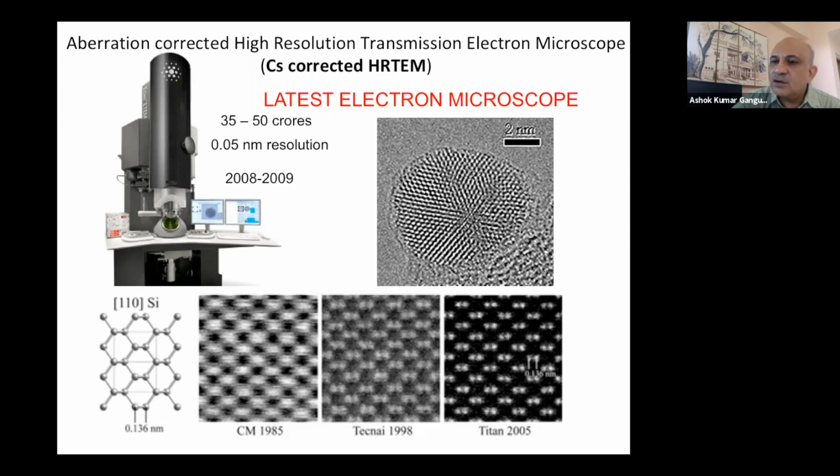Here, you have to salute scientists. You know, in physics, we know that there is something called a diffraction limit. That means you cannot see something below the diffraction limit. But there were scientists who found methods to go around it. You cannot change the law of nature, but you can circumvent the problem by other means.